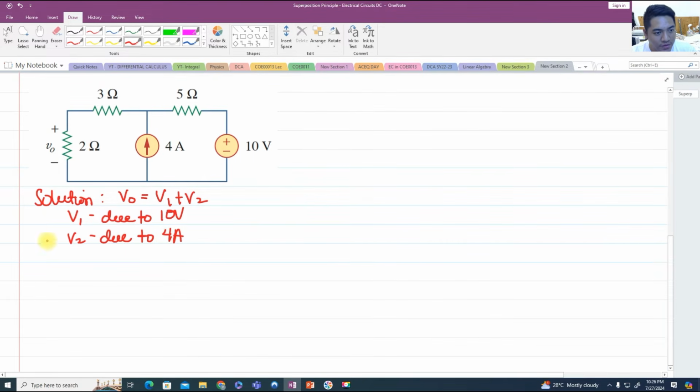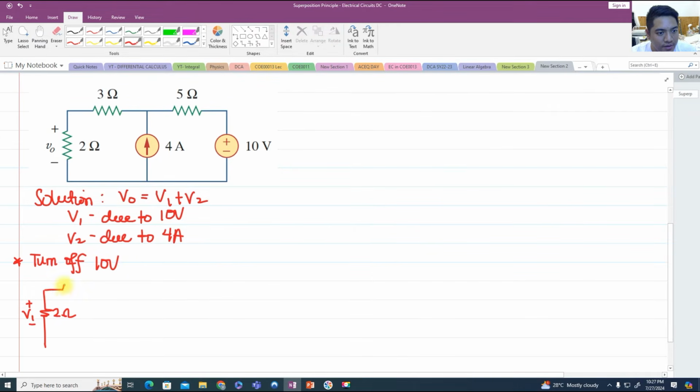So for number 1, we are going to turn off the 10 volts. If we do that, we have our 2 ohms here, and we have our V1 here, because of the current source.